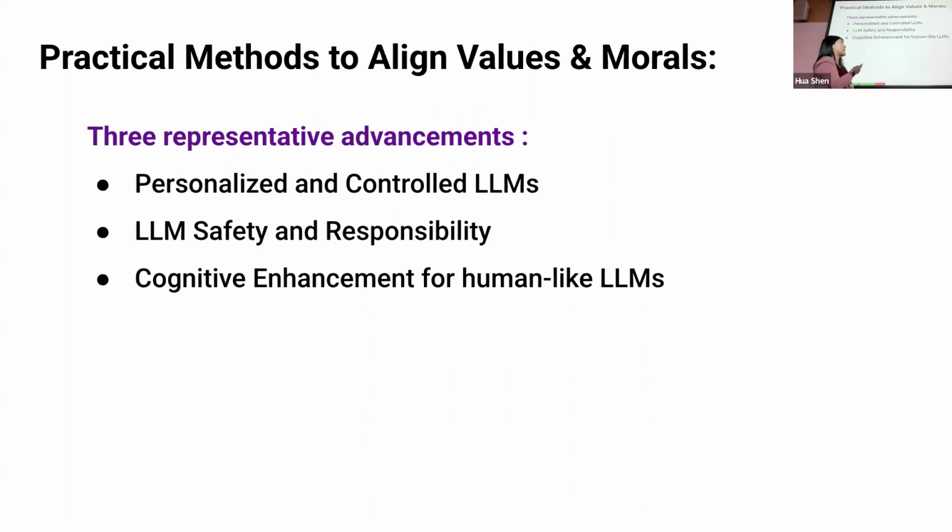The third one is about cognitive enhancement for human-like LMs, as some of our classmates are working on, for example reasoning or other human-like LM performance. Having values and morals might be potentially helpful for enhancing this kind of performance as well. So these are the 3 main representative advancements.